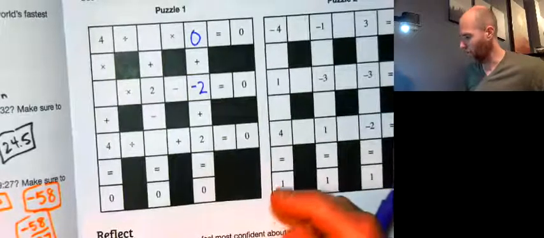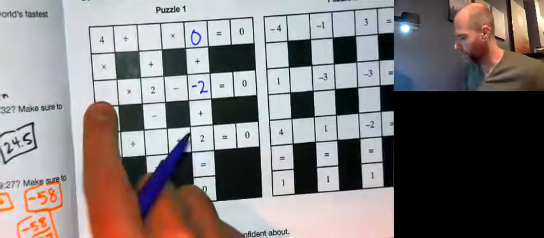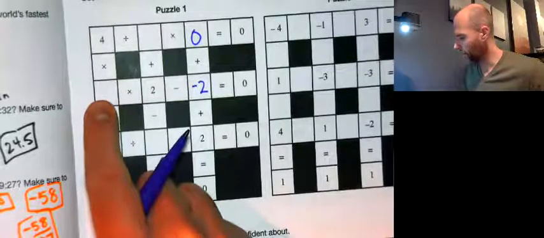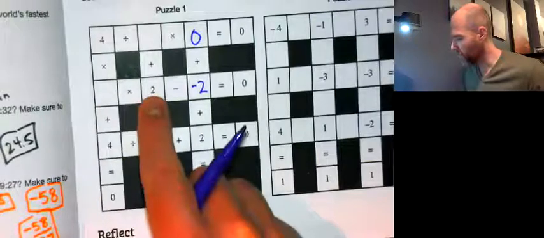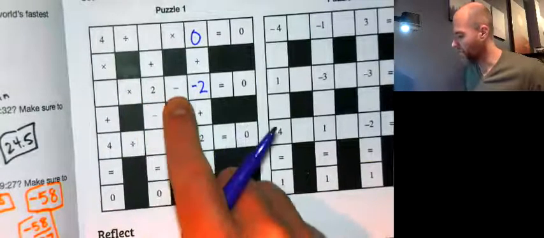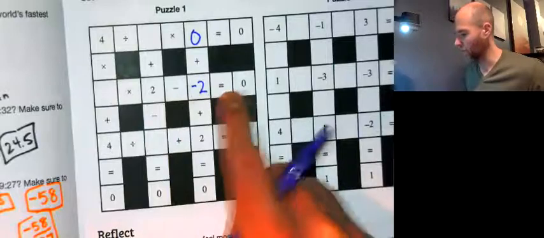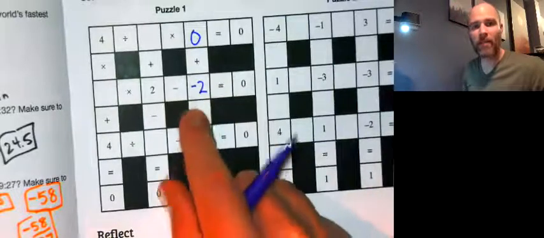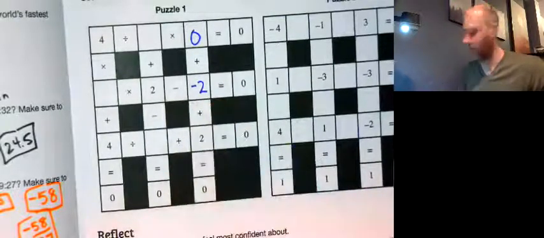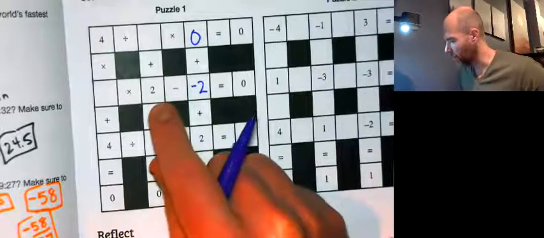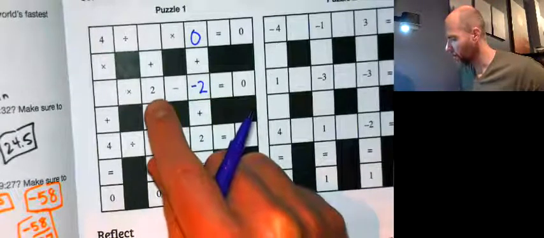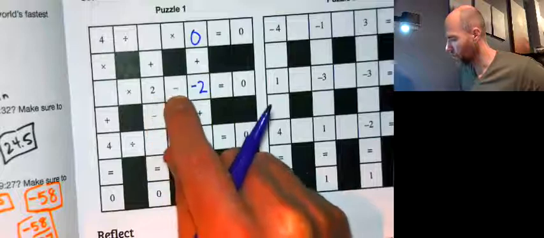All right, now let me try looking here. I see that something times 2 minus -2 equals 0. Remember that minus -2 is the same as adding 2. So what I have here is 2 minus -2.